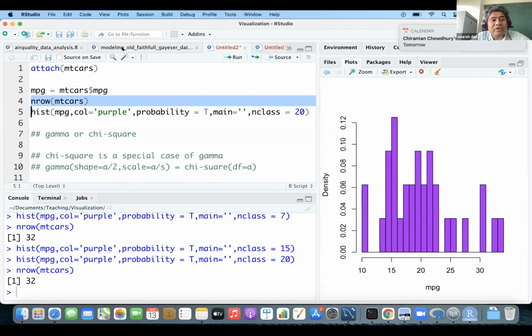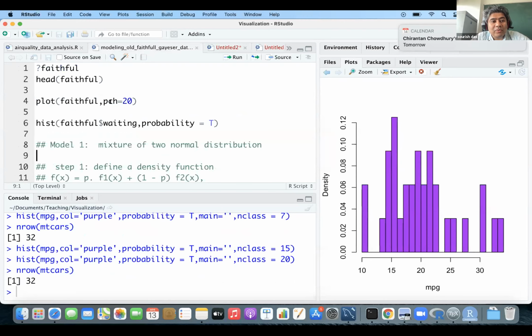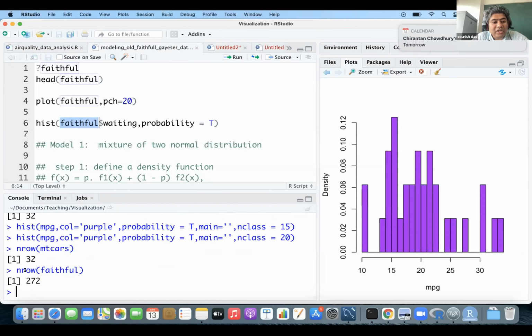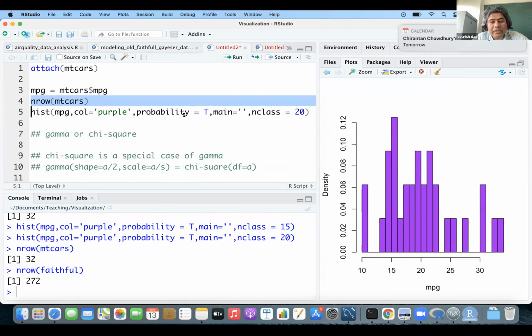In the Old Faithful data set, it was working pretty well because we had enough data points, 272 samples, to fit 2 mixtures.